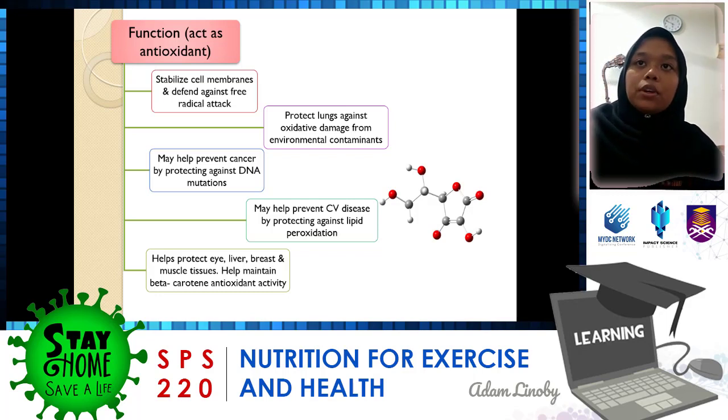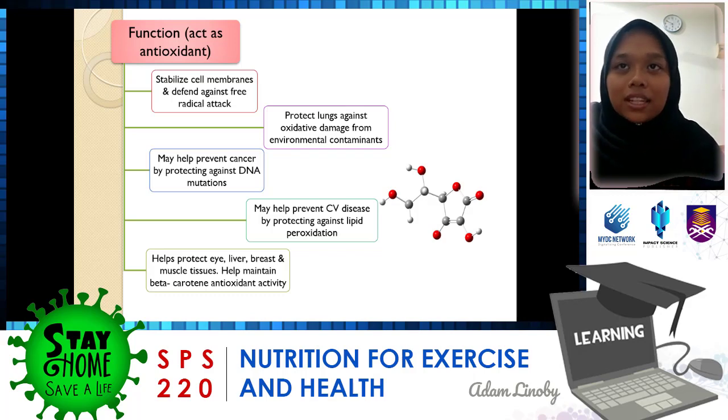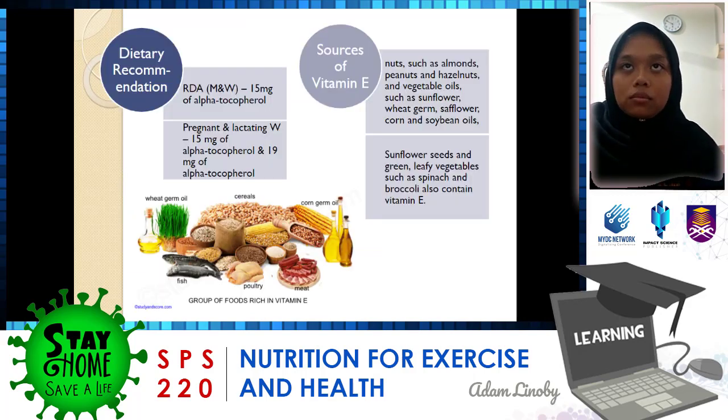Next is it may help prevent severe disease by protecting against lipid peroxidation. Last, it helps protect eye, liver, breast and muscle tissue. It also helps maintain beta-carotene antioxidant activity.